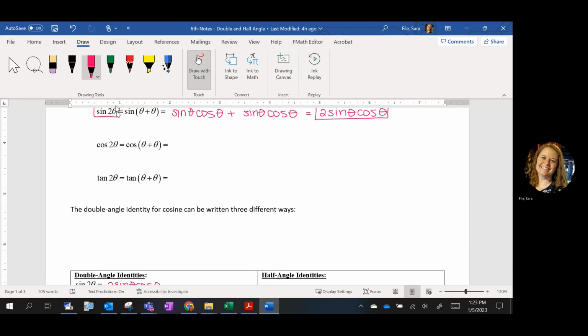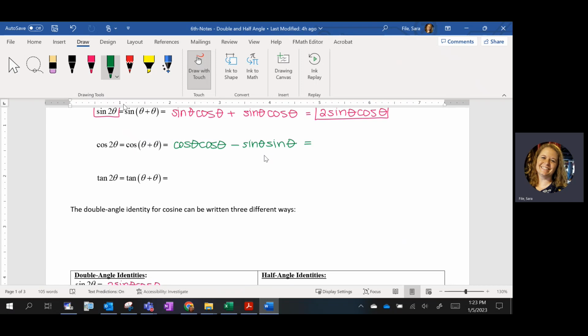All right. Now, cosine, if I were to use the cosine sum formula, that would expand to, I don't know why that pen is thicker. Hang on. Cosine of the first angle, cosine of the second angle, and then I do the opposite sign, so minus, and then sine of the first angle, sine of the second angle.